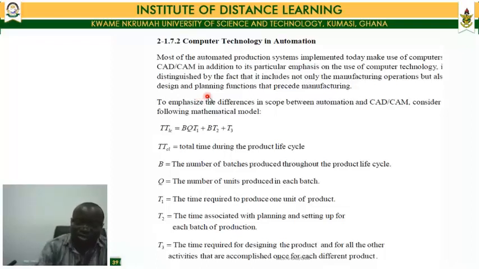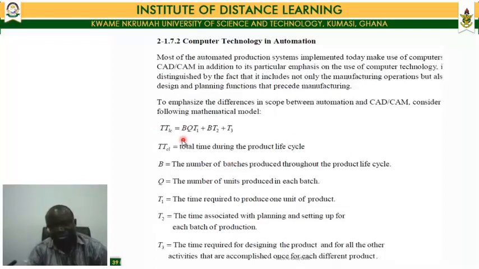CAD/CAM also makes particular emphasis on the use of computers. It is distinguished by the fact that it includes not only manufacturing operations, but also design and planning functions. So CAD/CAM is not only looking at manufacturing, but design and planning functions. So let's look at the differences in the scope between automation and CAD/CAM by looking at this mathematical model here.